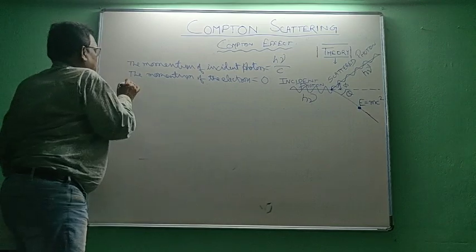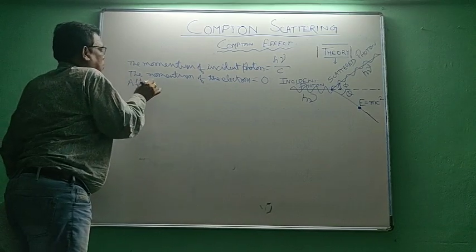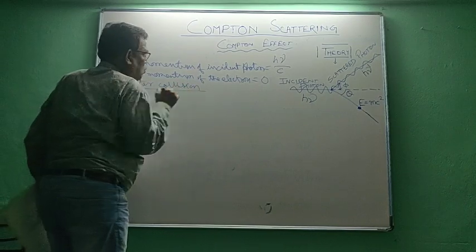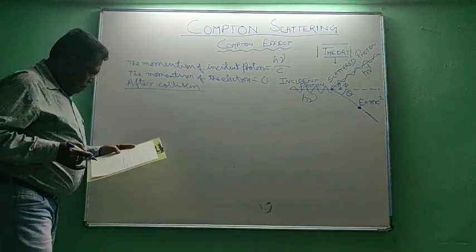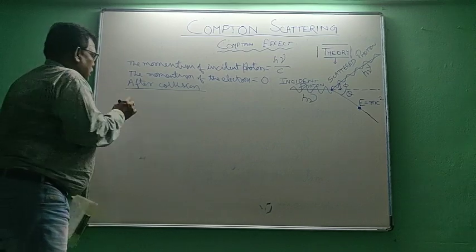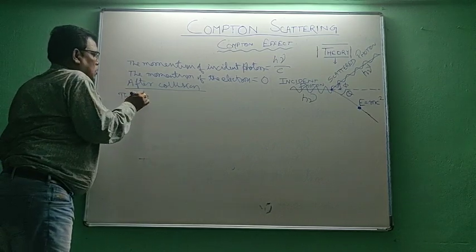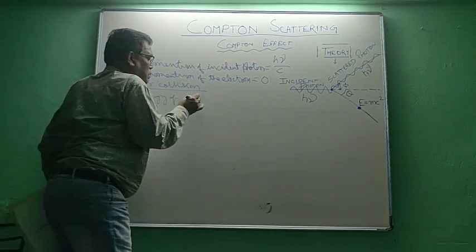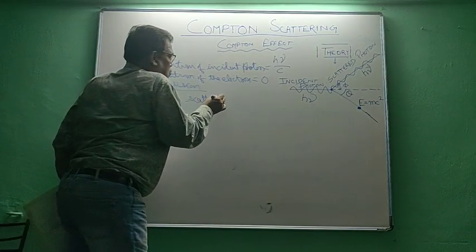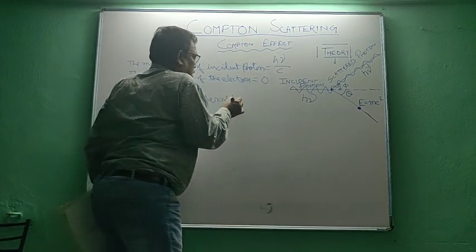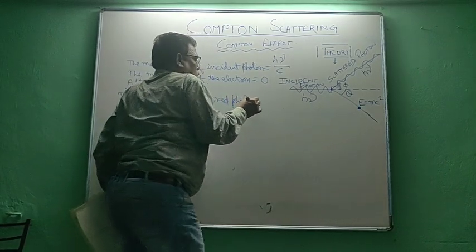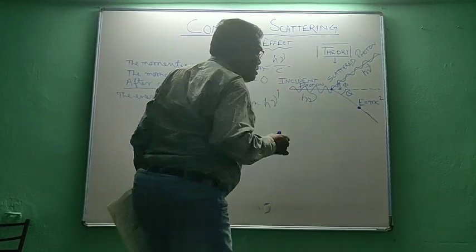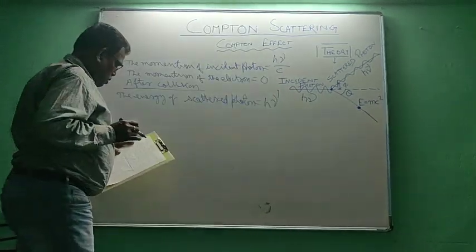Now the picture after collision. What are these quantities after collision? After collision, the energy of the scattered photon is equal to h nu dash, where nu dash is less than nu.